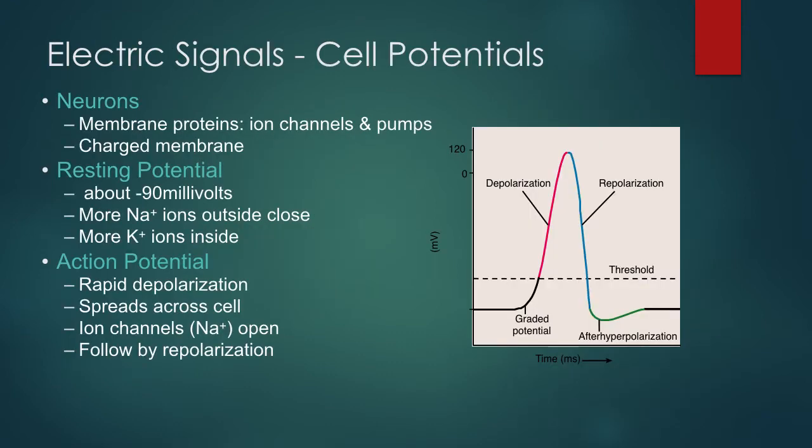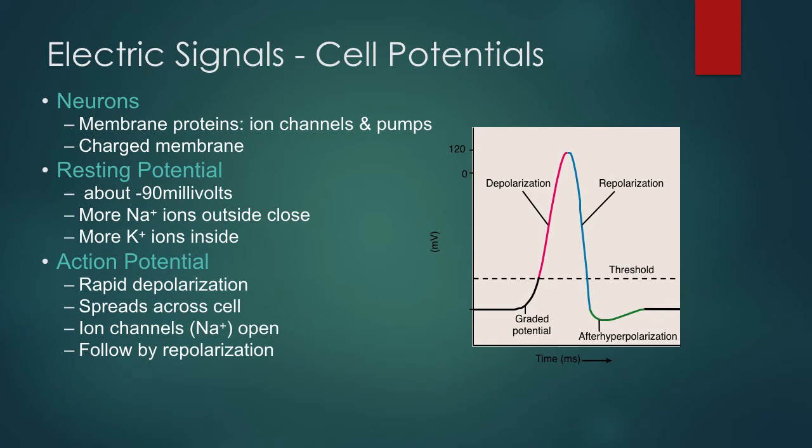Okay, so these electrical signals are cell potentials. That means the cell has a charge, that the inside of the cell is either negative or positive compared to the outside. And these charges are due to membrane proteins that can move ions.